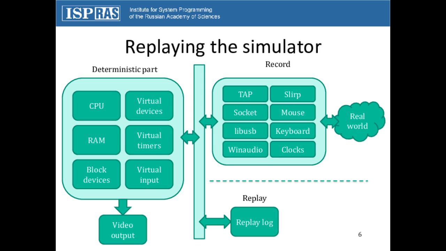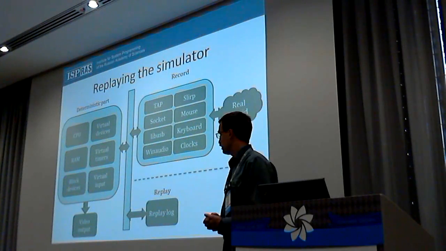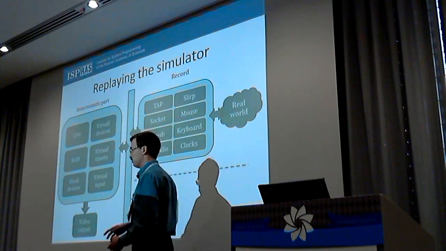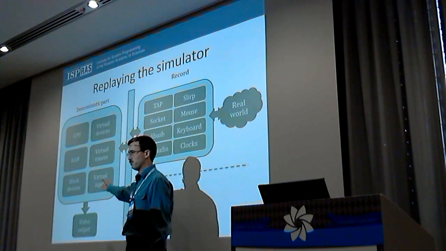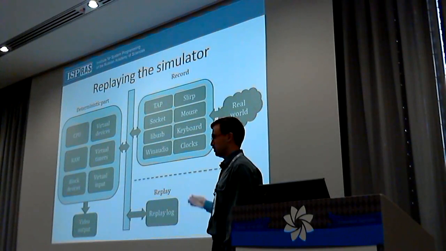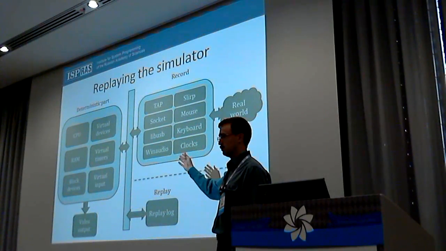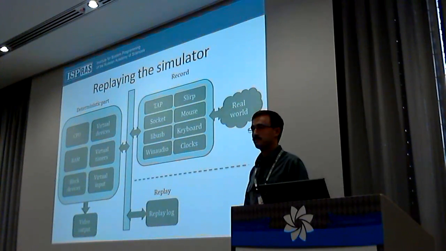Replaying the simulated system is similar to replaying the simulator itself. We divided the simulator into two parts. The first part is what we are replaying. The second part is just the tunnel for data from the real world.